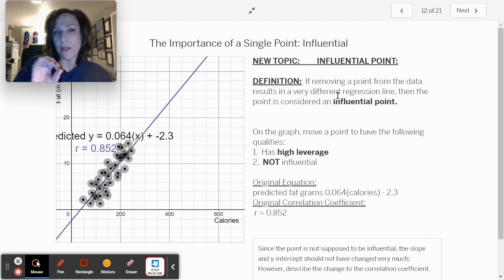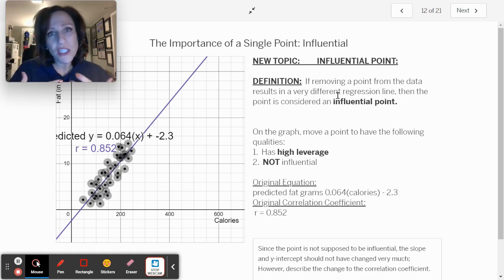That's the one we're more interested in than the y-intercept, because remember, the y-intercept sometimes doesn't even make sense in the context of a problem. So we don't get bent out of shape with the y-intercept changing very much, but we do with that slope, because that's the relationship that we're really interested in learning about.